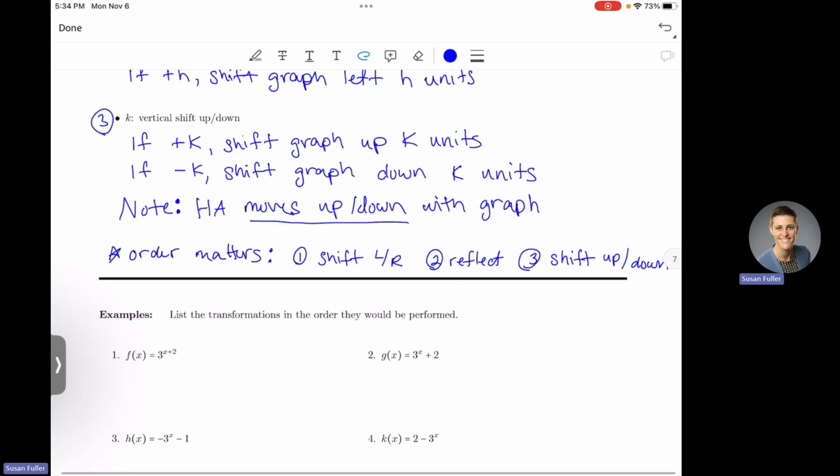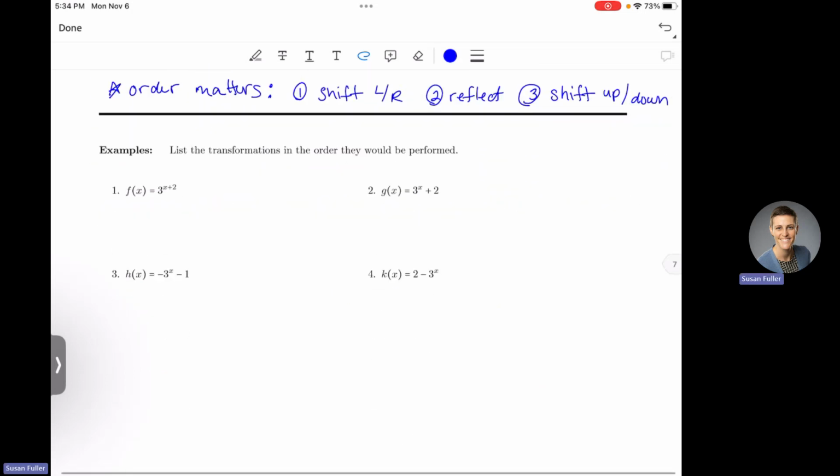let's try these. I've got some examples here. I just want to list the transformations that we have and the order in which we would perform them. Now, notice in all of these graphs and all of these examples, the base of my exponential function is 3.